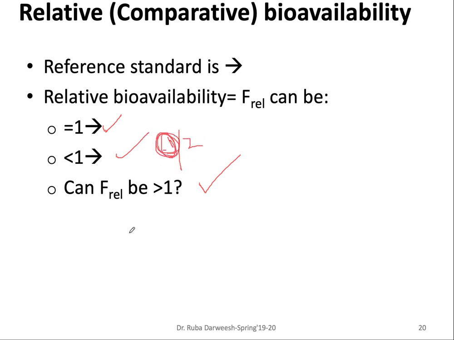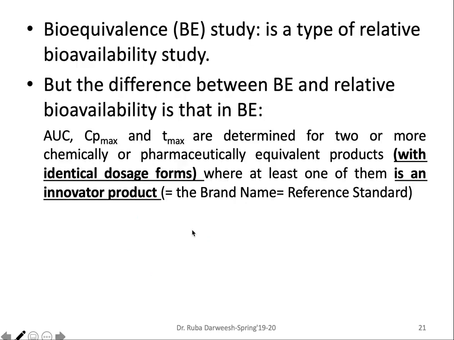More than 1, for example, when I'm comparing the bioavailability of IM over oral, or sub-Q over IM, it doesn't matter, and the first one that I'm comparing is better than the second one. So yes, we can have it equal to 1, less than 1, or more than 1.